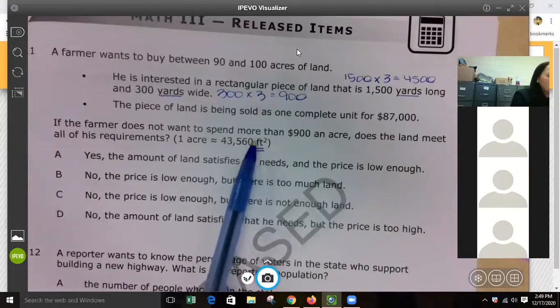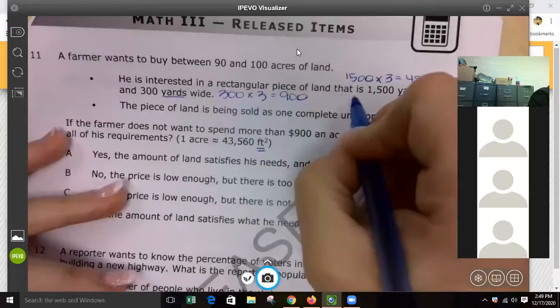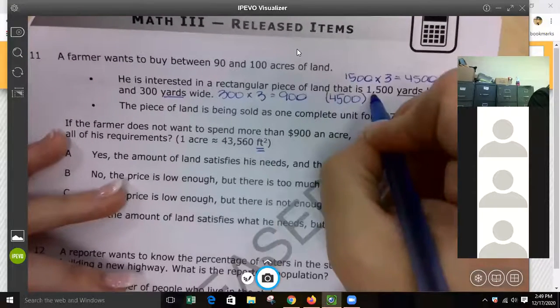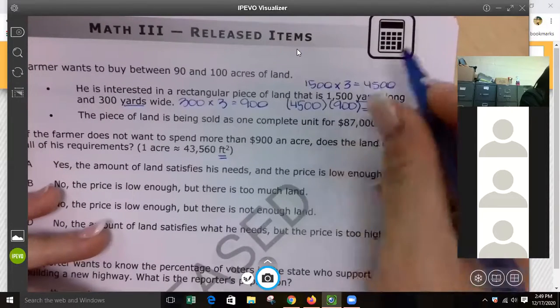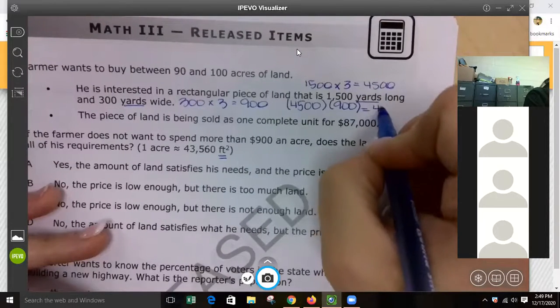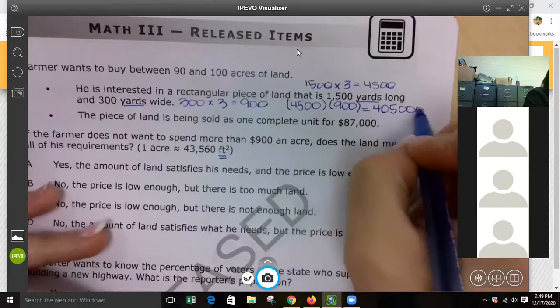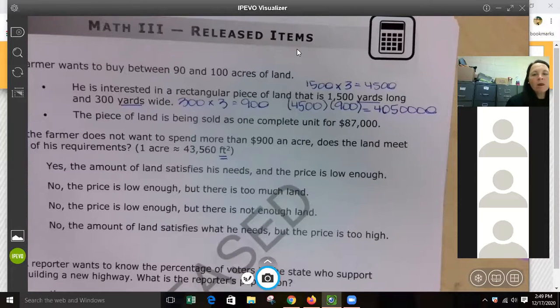So how do you get square footage? Multiply them together. So I'm going to do that. 4,500 times 900 gives us 405 and 4 zeros, 4,050,000. Okay.